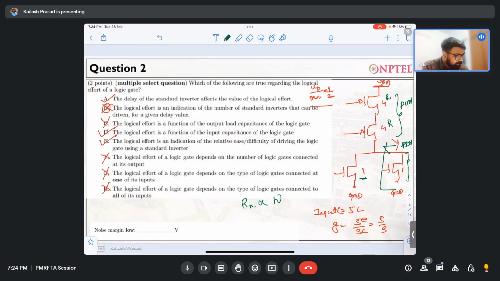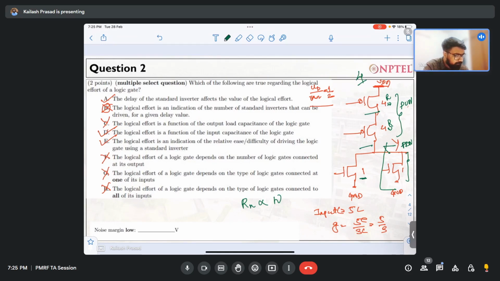So 2 times 2 gives 4. So each individual transistor should be 4W, both of them, in order to make sure that the resistance of the pull down and pull up path is the same. That is how the number 4 comes in the case of this two input NOR gate.